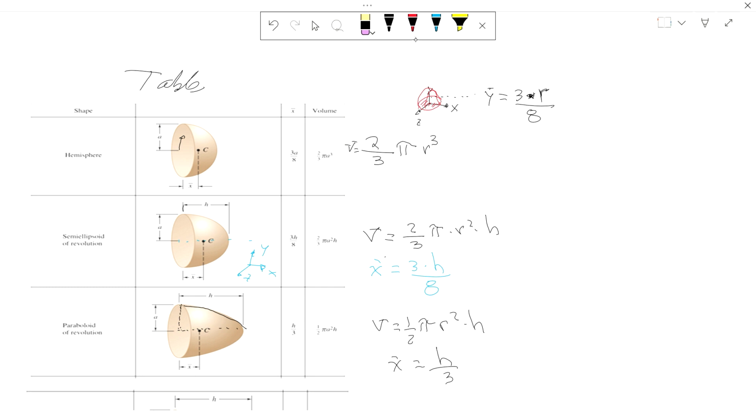If the coordinate system was applied here, x, y, z, and if you didn't want to move, you can move the coordinate system. Just be careful when you move the coordinate system that everything else is referenced to the coordinate system.